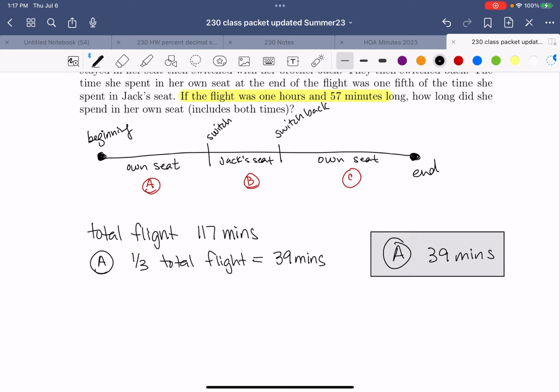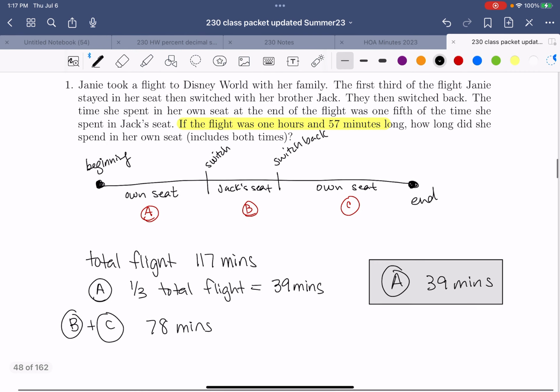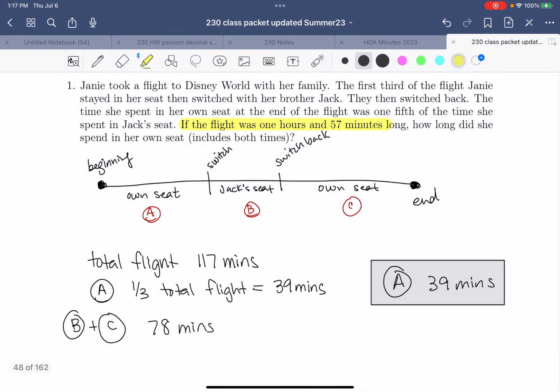Okay. That leaves just B and C together. So how many minutes do I have left for B and C? So B and C together, whatever's left, 117 minus 39 gives us 78 minutes left for B and C. We also then know that the time she spent in her own seat at the end of the flight is 1/5 the time she spent in Jack's seat.